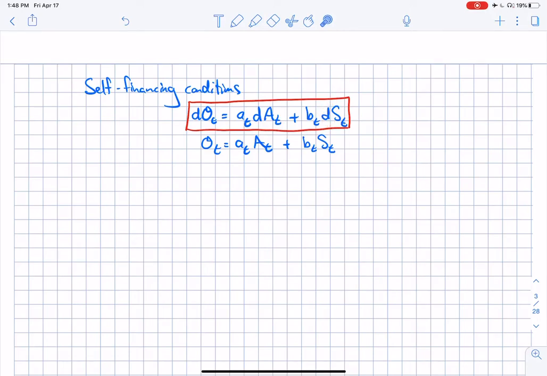Now, together with the replication condition, this gives us a nice formula that I'm going to use a lot. So let me derive that.